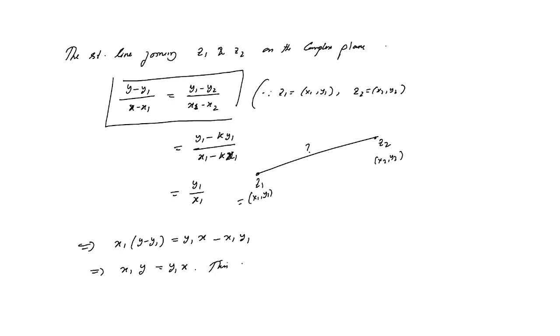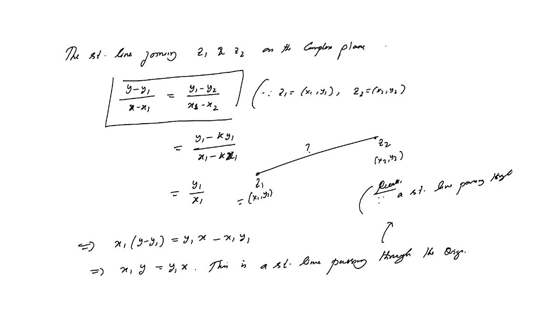And obviously this is a straight line passing through the origin. As we recall, a straight line passing through the origin is of the form y equals mx, where m is the slope.